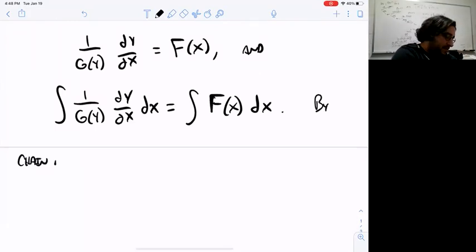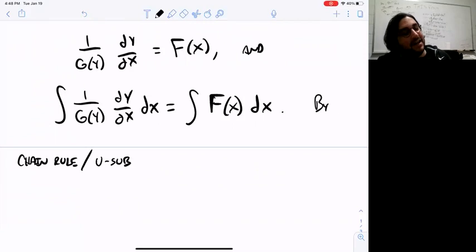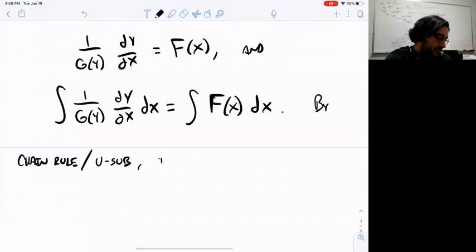Even if you don't know what that function of y is, you could say by the chain rule or by u substitution, it just becomes the integral of 1 over g of y with respect to y.